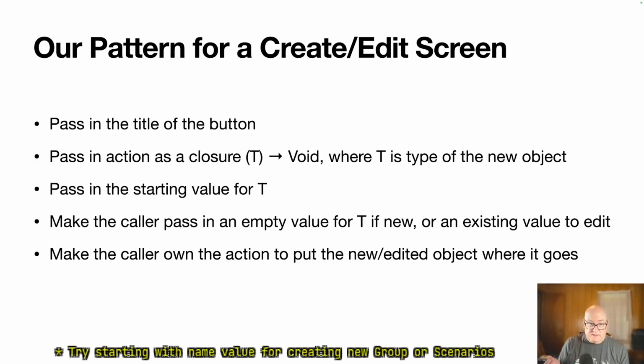If it succeeds, like creating or editing, it takes a closure taking some type T, where T is the type of the new object. And then we pass in the starting value for T. So that's what we're trying to do here. And make the caller pass in an empty value for new or an existing value to edit. Make the caller own the action to put the new edited object where it goes. Yeah, that's part of the action thing. Okay.